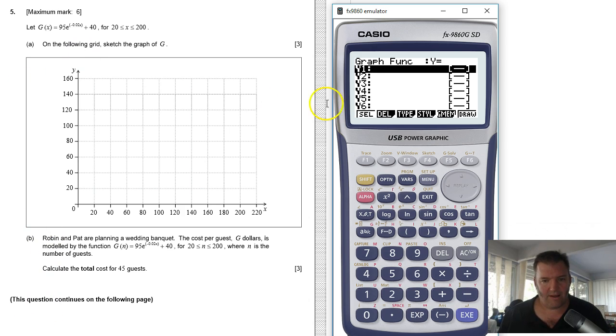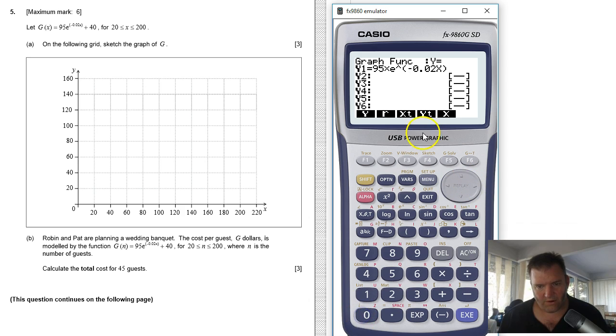Let's go ahead and enter that in on our calculator and see what we get. So g of x equals 95 e to the power of negative 0.02x. It did negative 0.2, not what I wanted.